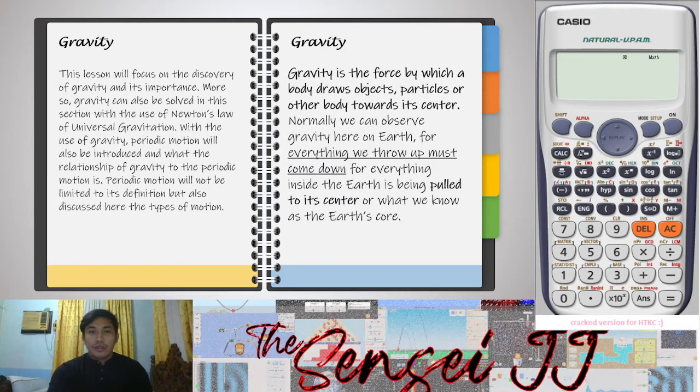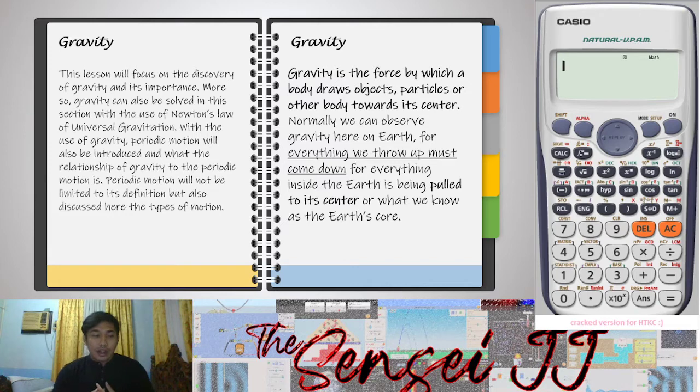Gravity is the force by which a body draws objects, particles, or other bodies towards its center. Normally we can observe gravity here on Earth, for everything we throw up must come down. But the difference about this gravity is that it holds two bodies, or multiple bodies, within its reach.